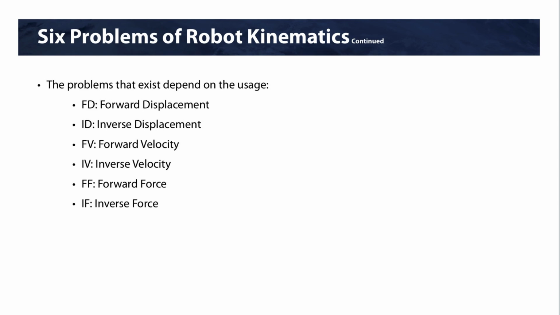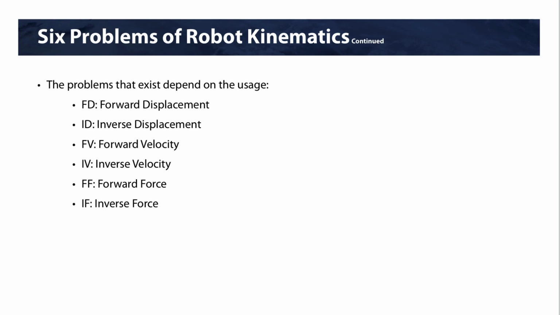So defining forward and inverse and our joint and task space variables, we can define the 6 problems of robot kinematics, which are forward and inverse displacement, and we'll often abbreviate these as FD and ID. We have forward and inverse velocity, FV and IV, and we have forward force and inverse force.